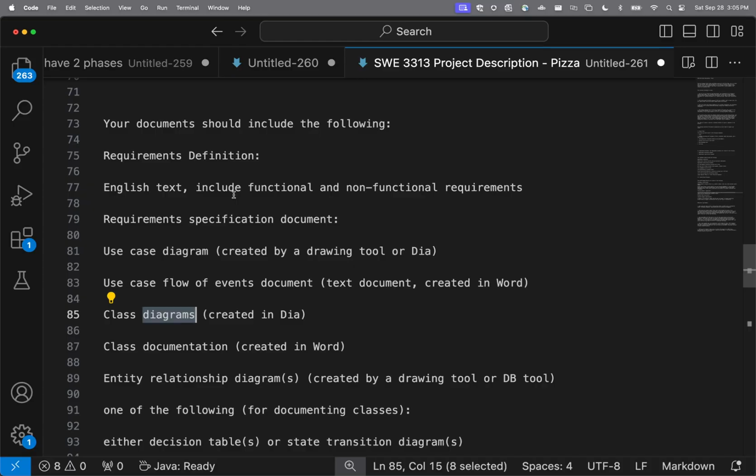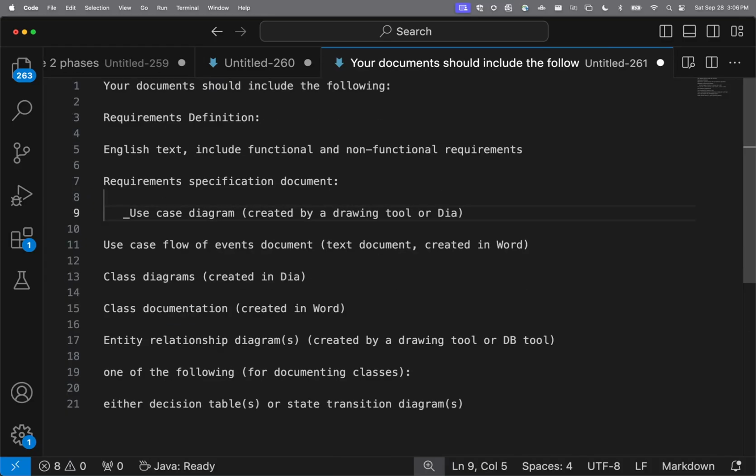It should have a use case diagram. Use case diagram means for each of your functional requirements, and I only want the functional requirements, you should have a diagram illustrating how that use case works out. For example, the customer should be able to place an order via the menu. Okay, what happens if they are placing an order and then they want to cancel?